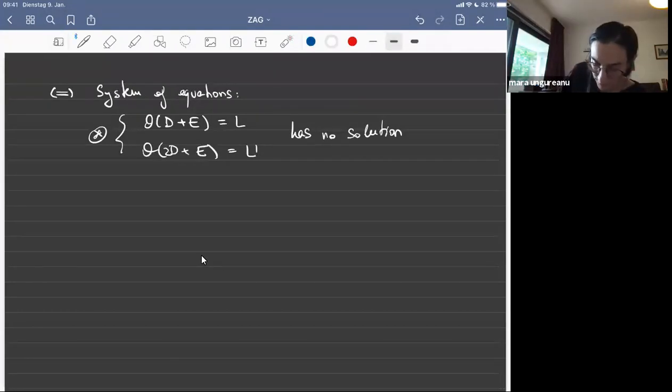And what I mean by system of equations, maybe I should put it in quotes, is that, for example, the line bundle corresponding to two divisors on the curve, D and E, and the line bundle corresponding to the divisor 2D plus E on my curve, have to be equal to something else, so have to have a fixed degree and a fixed dimension of their space of sections.